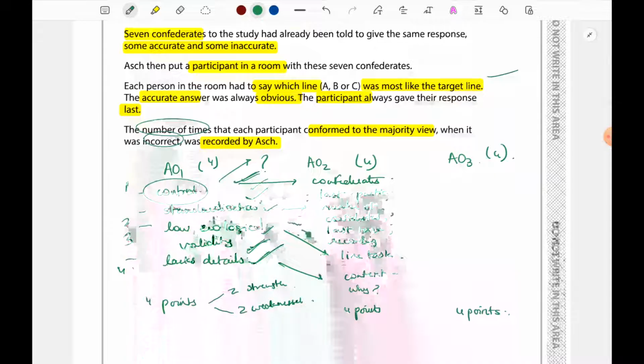We need to indicate directly how they're answering the question of evaluation. One point we have made is about control, and we have said that confederates help to give control, whatever examples we are giving. That increases validity. Which validity? Internal validity. That gives us more credibility or more confidence in our results. That is what we need to mention in AO3.